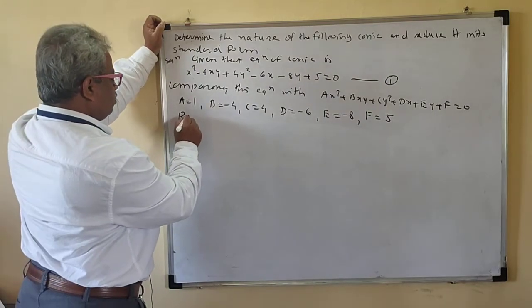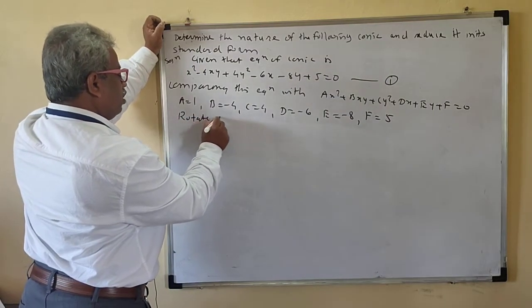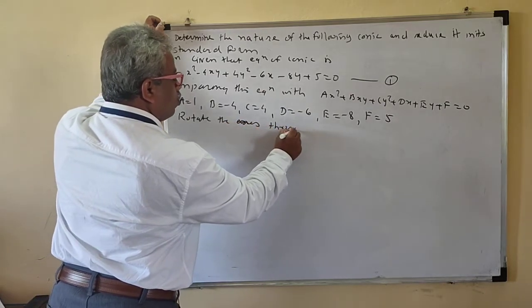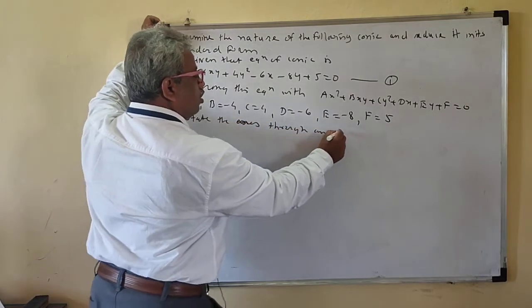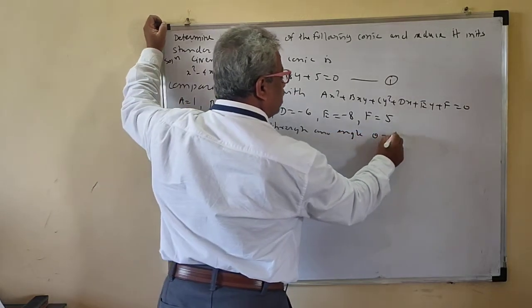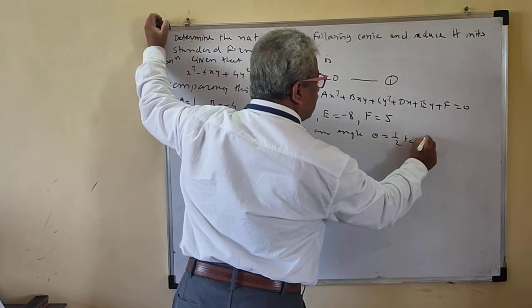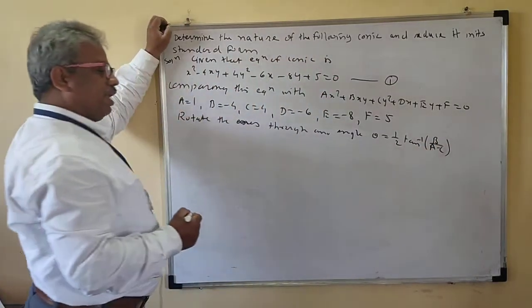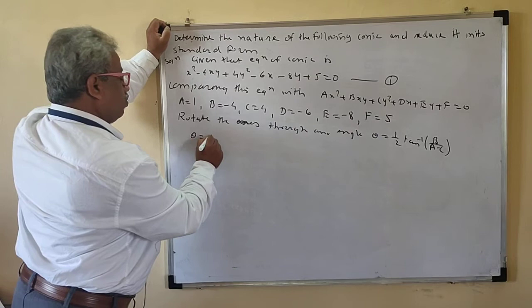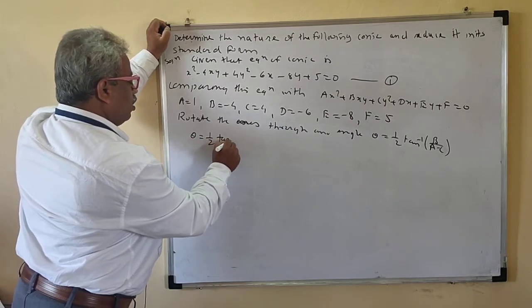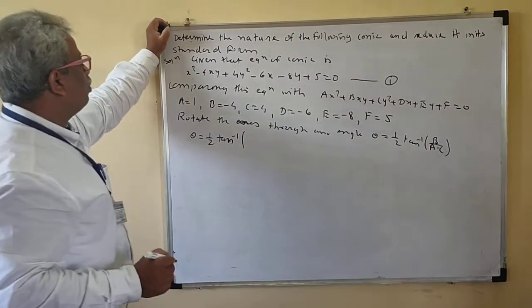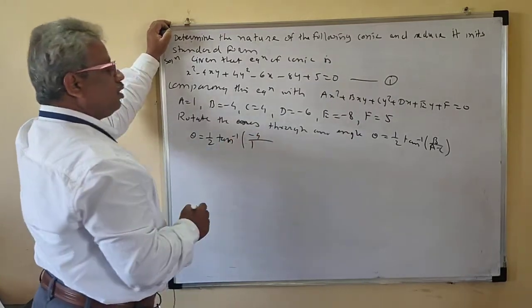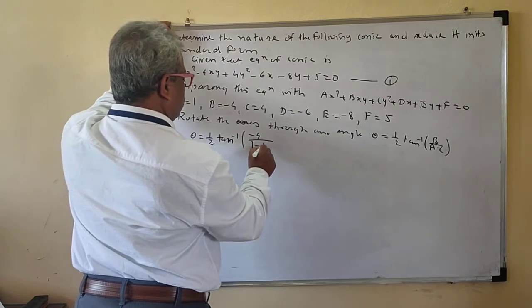Rotate the axis through an angle theta equal to 1/2 tan inverse of b upon a minus c. So theta is equal to 1/2 tan inverse of, your b is -4, your a is 1, your c is 4.